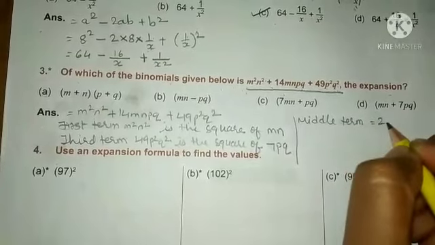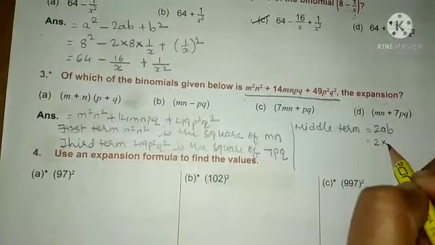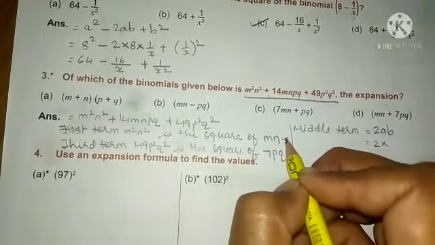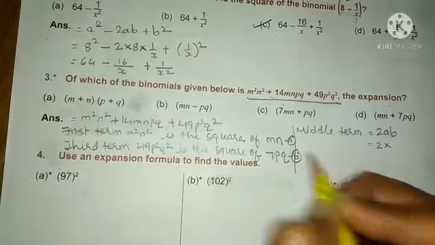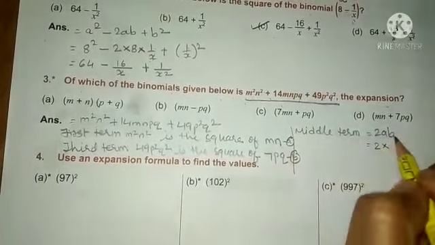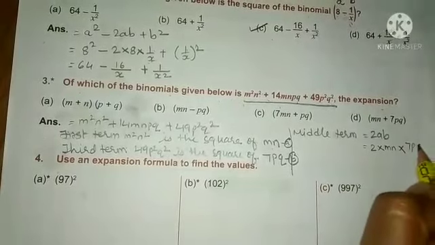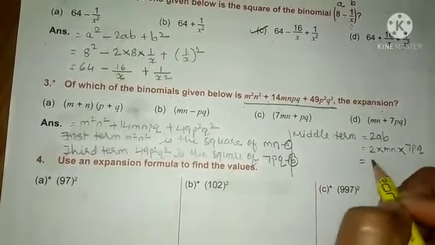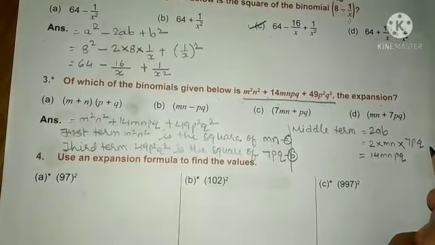Clear? Now further we have to check our middle term. Our middle term is 2ab. Understood? So 2 will come as it is, and in the place of a you will take mn and in the place of b you will take 7pq. So multiply: 2 7s are 14mn pq. Clear?